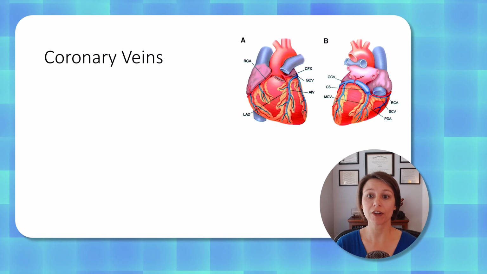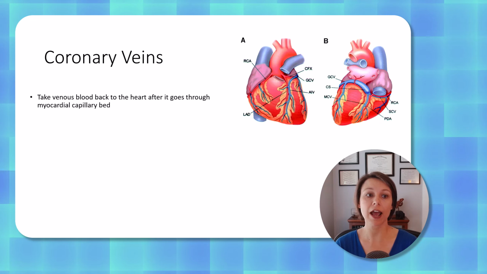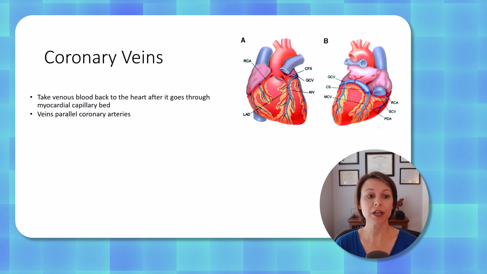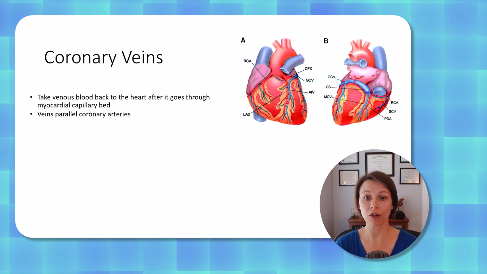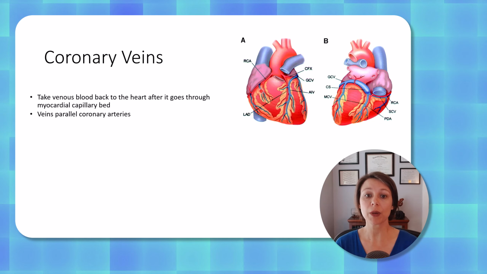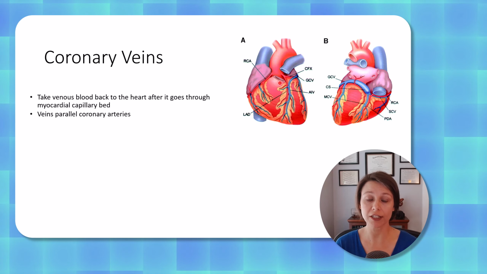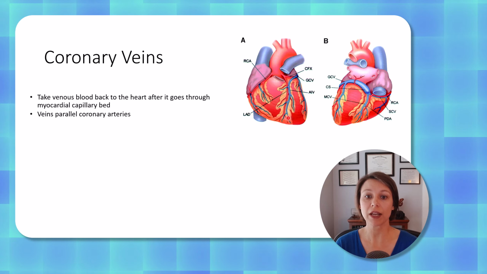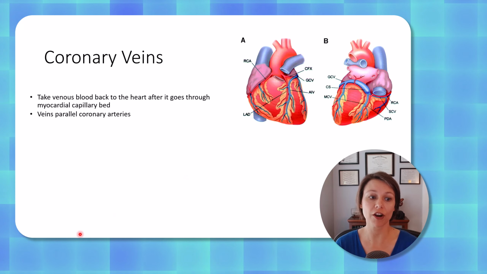So then we have coronary veins that are going to take blood back to the heart after it goes through the myocardial capillary bed. And you'll notice that the veins very closely parallel the arteries. So we have arteries that are taking oxygenated blood to the heart tissue. The heart tissue is utilizing that oxygen and then draining back into the veins to take that deoxygenated blood back to the heart.